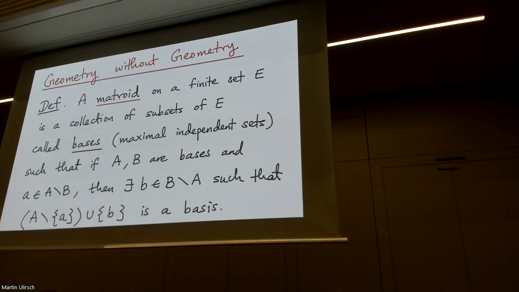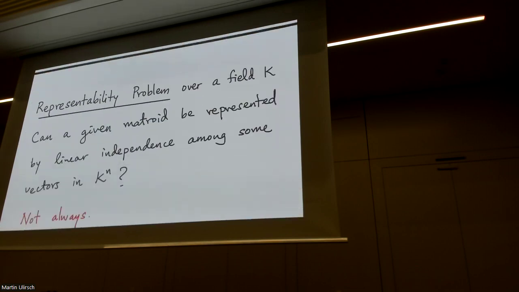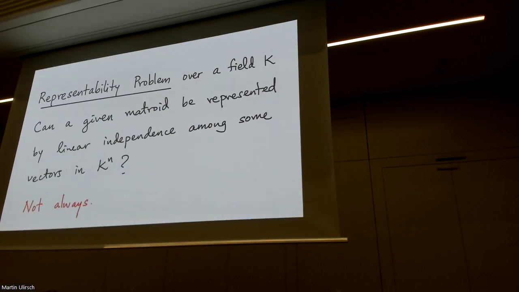So that is the combinatorial abstraction of linear independence. And then you can ask, here's a representability problem over a chosen field. If you're given a collection of potential bases or independent sets, can you realize the situation, can you represent it by linear independence among a collection of vectors in k to the n? Yeah.